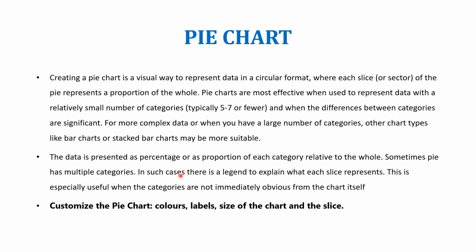Because you have a pie, that means the pie now has to be a whole. And the whole can either be 100%, 100 if you are going to present the slices as percentages, or the whole can be the total number of patients or the total number of items that you have studied.